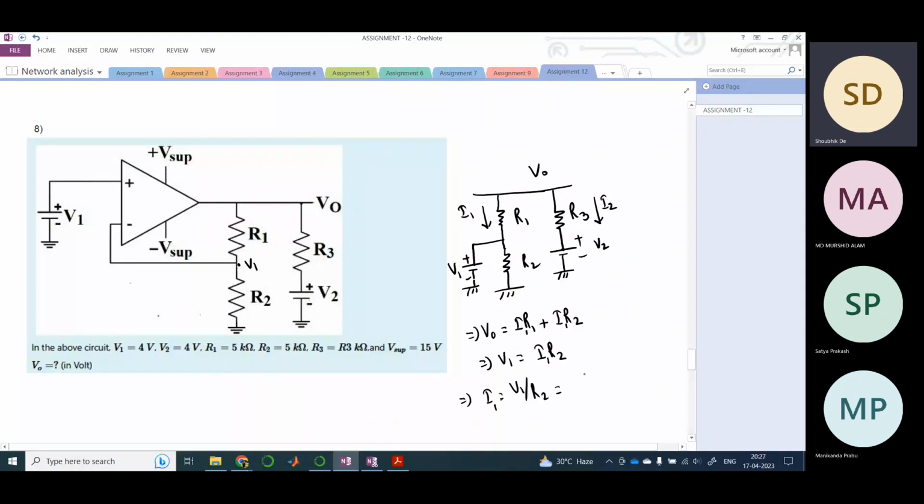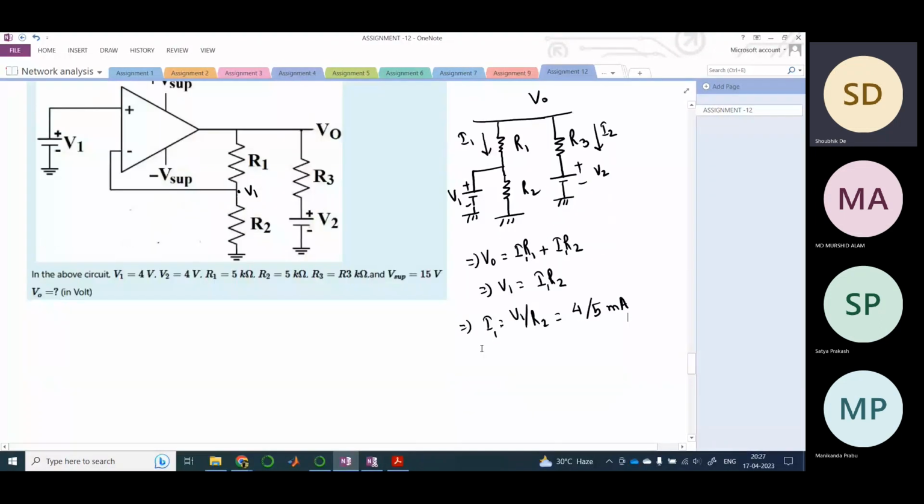So V1 is how much? 4, and this is 5. So 4 by 5 milliampere. So therefore you have found I1. Therefore V0 would be I1 R1 plus V1. I1 you have found, it is 4 by 5 milliampere, and I am not writing milli because anyway it would get cancelled here.